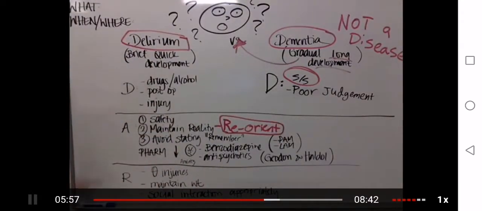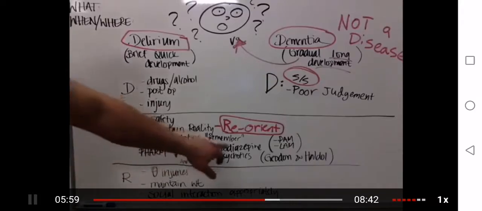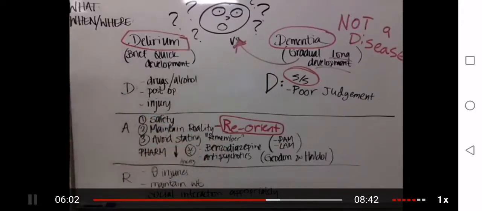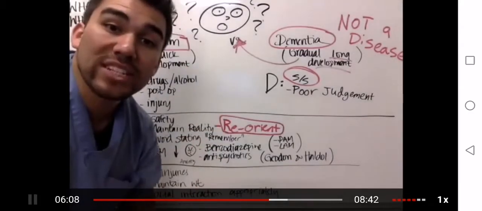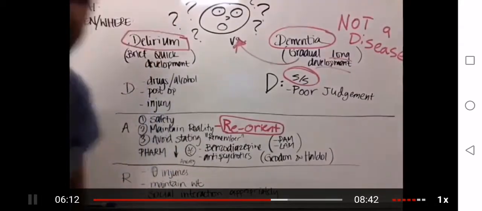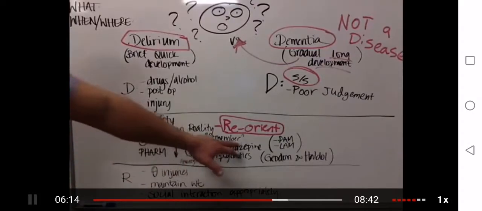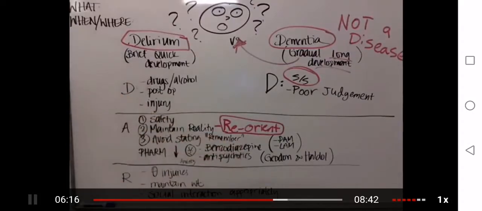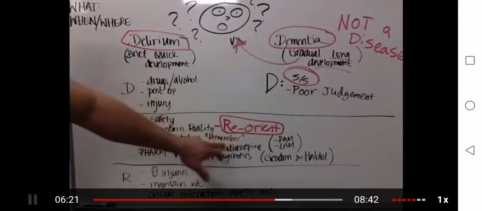Number three, avoid stating remember. Don't say remember you're in the hospital. Remember I told you this. Usually dementia or delirium patients can get aggravated easily. So if you want to fight, and if you want to have your guard up, state remember.